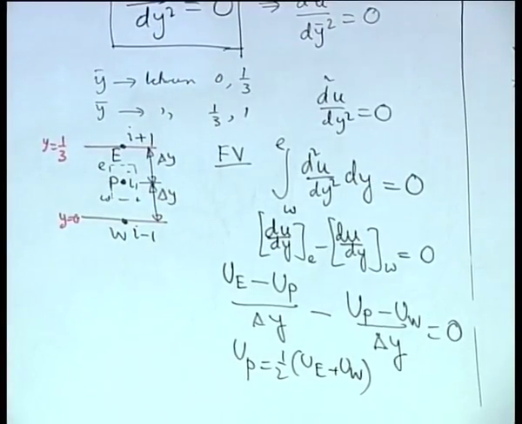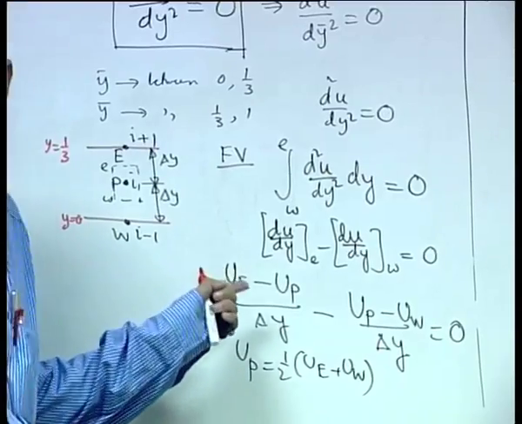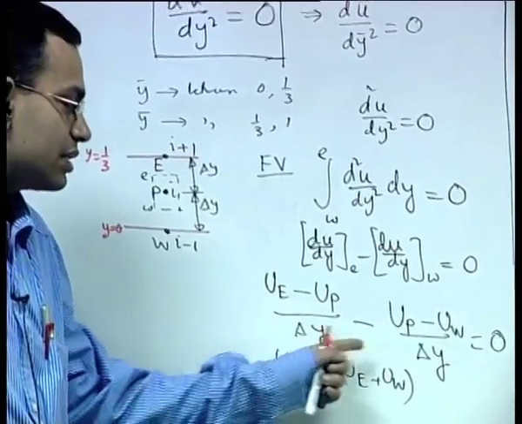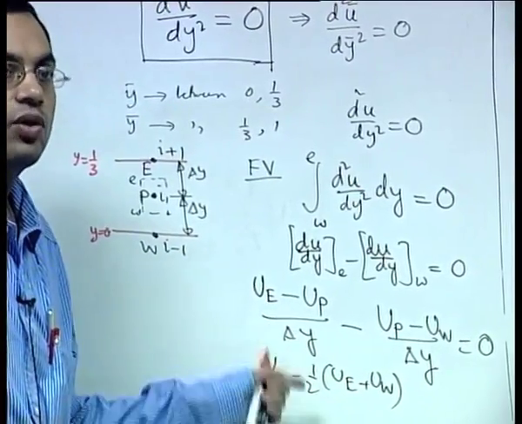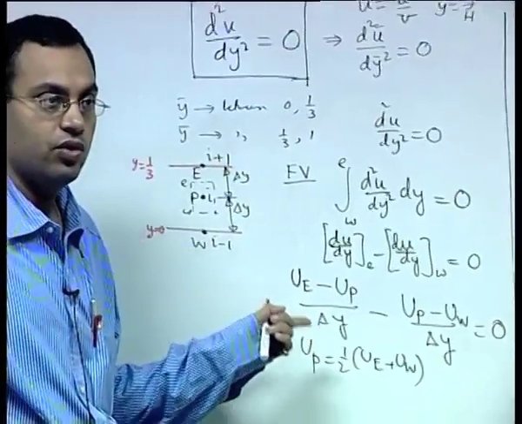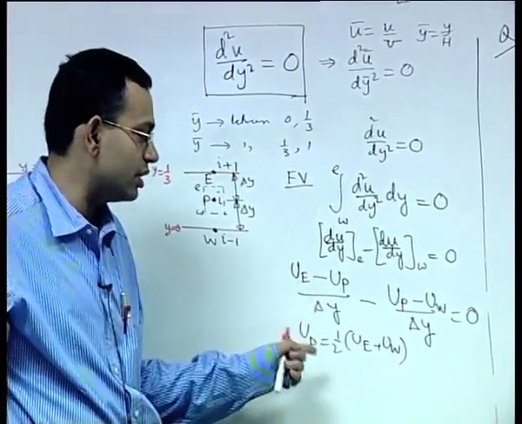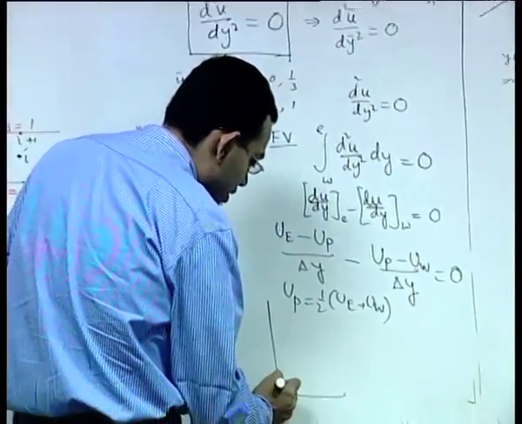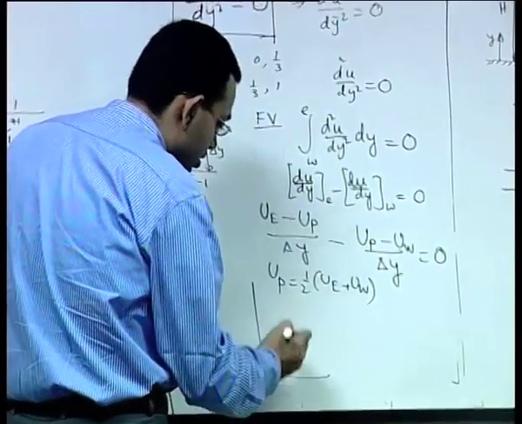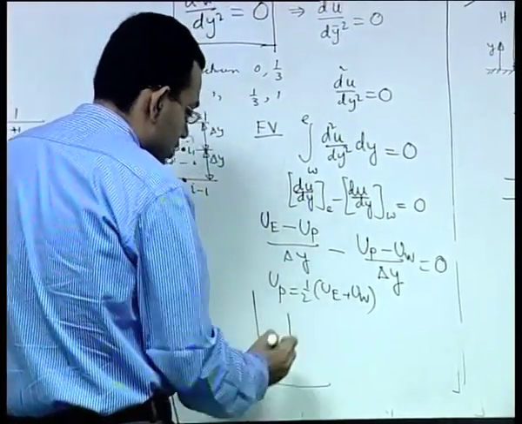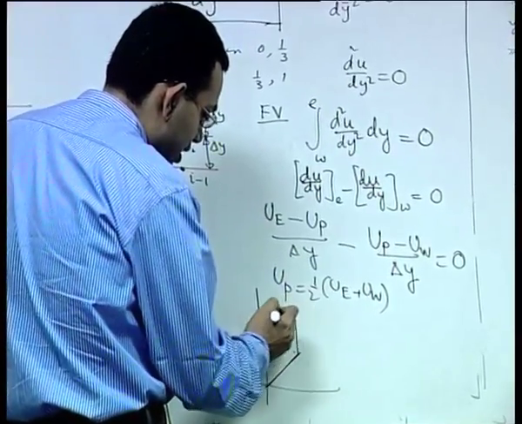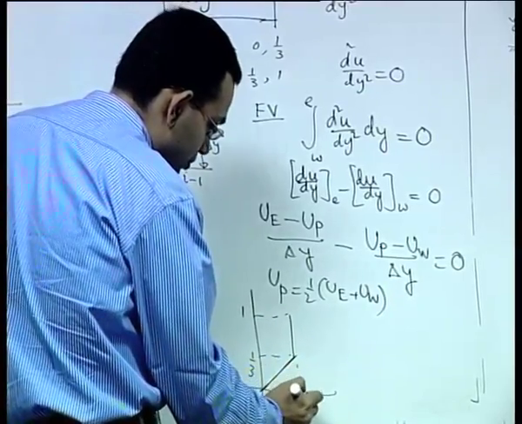You can see that it is exactly the same as the finite difference discretization equation. Because the discretization equation is the same, the solution is also the same. So, we need not go into the solution again, you will find the same velocity profile, that it is up to 1/3 like this and then up to 1 it is a constant.